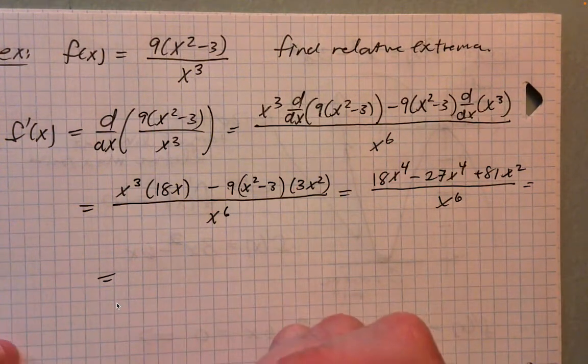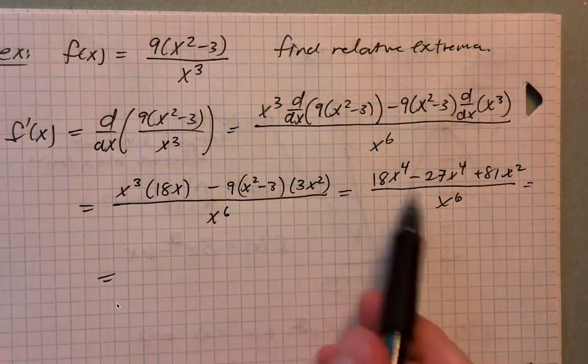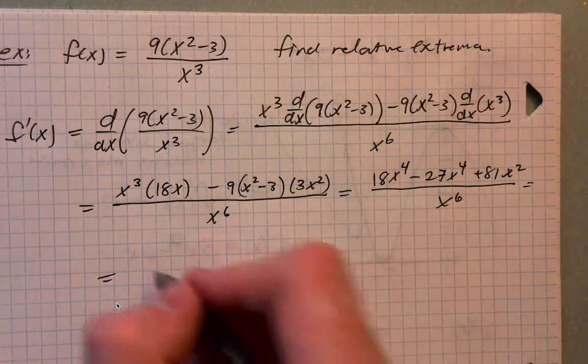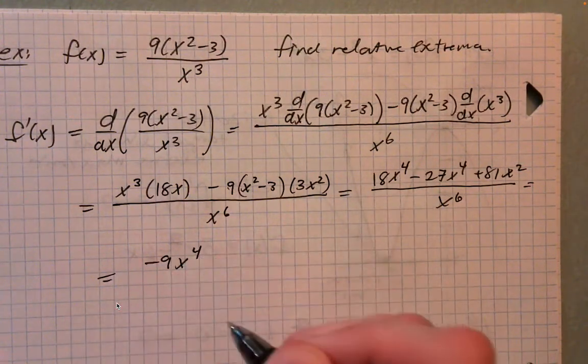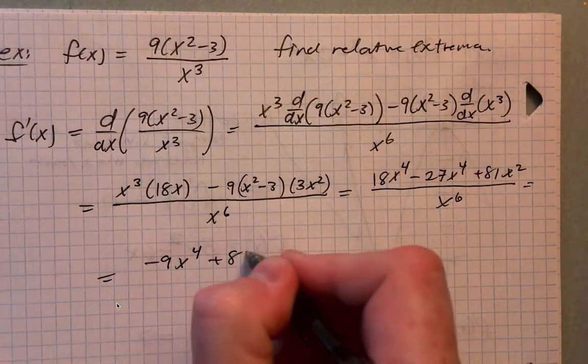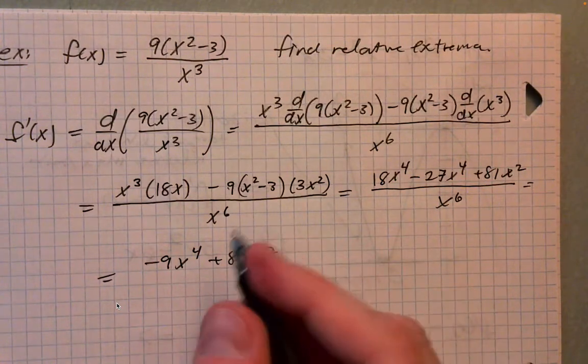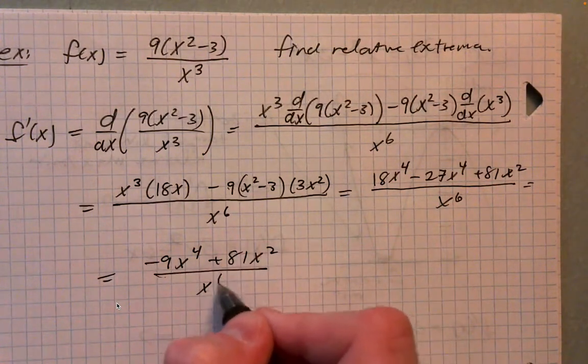Okay, and we can combine these terms and we get negative 9x to the 4th power plus 81x squared over x to the 6th.